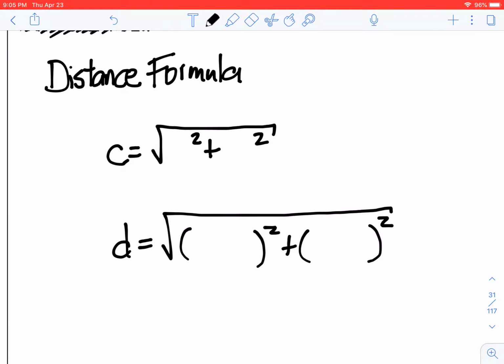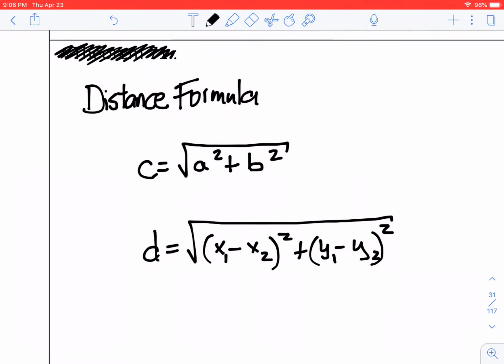And here we go. X minus x, y minus y. We need to differentiate between those x's and those y's, so that's why we put the 1 and the 2 there. Again, if I approach this from a Pythagorean approach, why it's just a squared and b squared. So this is the formal distance formula.